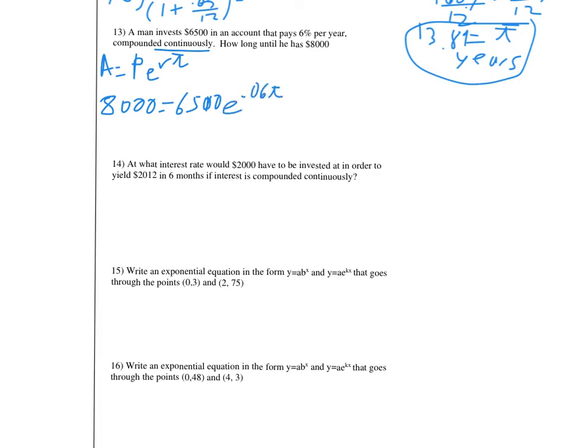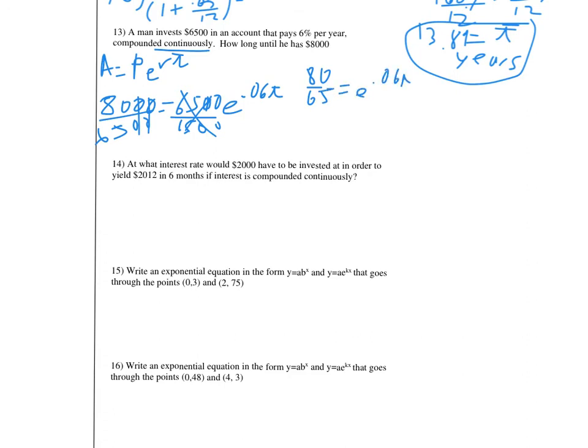We're looking for time now. So now we're going to divide by 6,500. I'm just going to cross off these zeros and leave it as 80 over 65. So we have 80 over 65 equals e to the 0.06t.